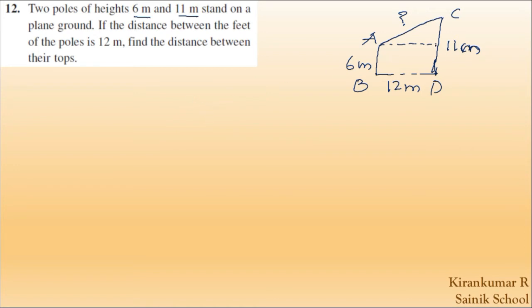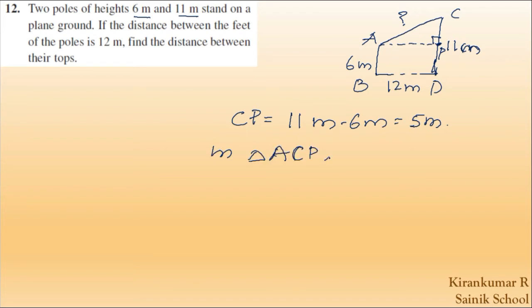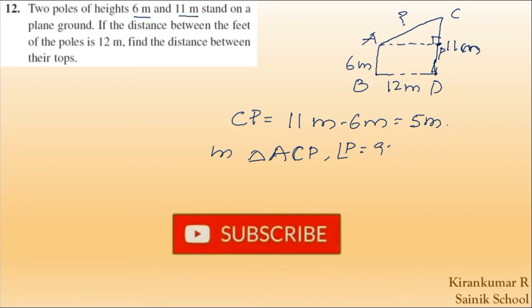Let me mention the point where we have drawn the horizontal. Let this point be P. So I can find out the length of CP. CP will be 11 meter minus 6 meter. We get it as 5 meter. So in triangle ACP, angle P is 90 degree.